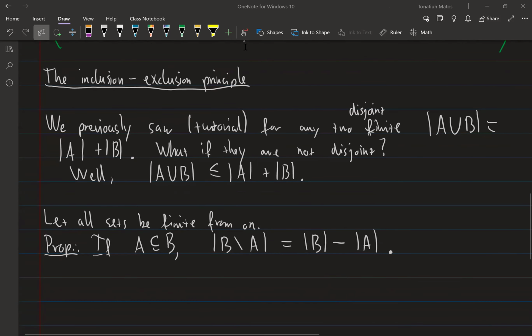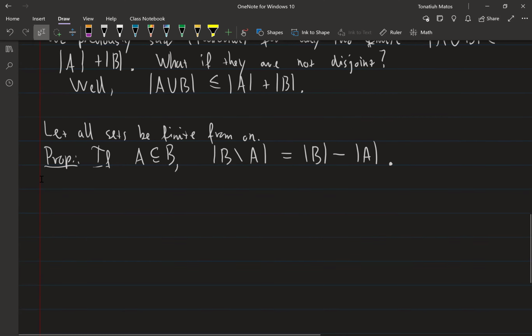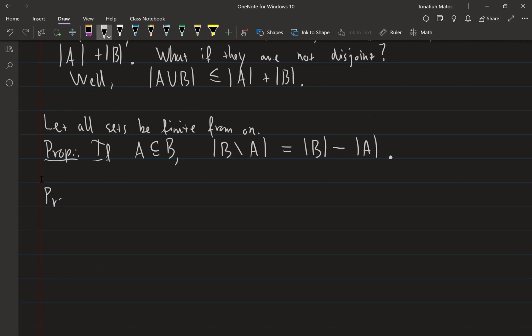Any ideas on how we can prove this? Okay, so let me tell you how to prove this one, and maybe you can tell me how to prove the next one, which is just as simple as this. So how do we conclude this? So here's the trick.